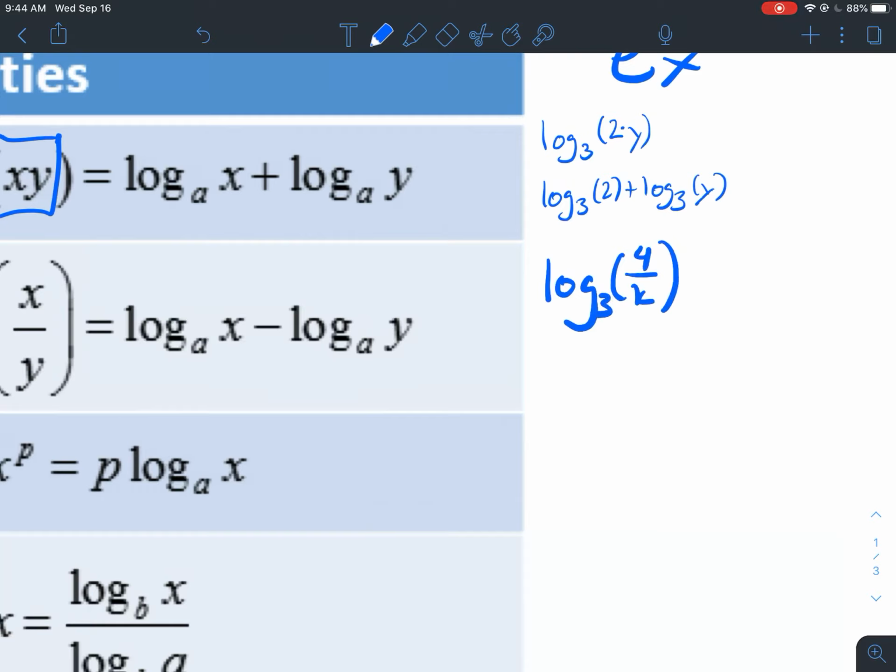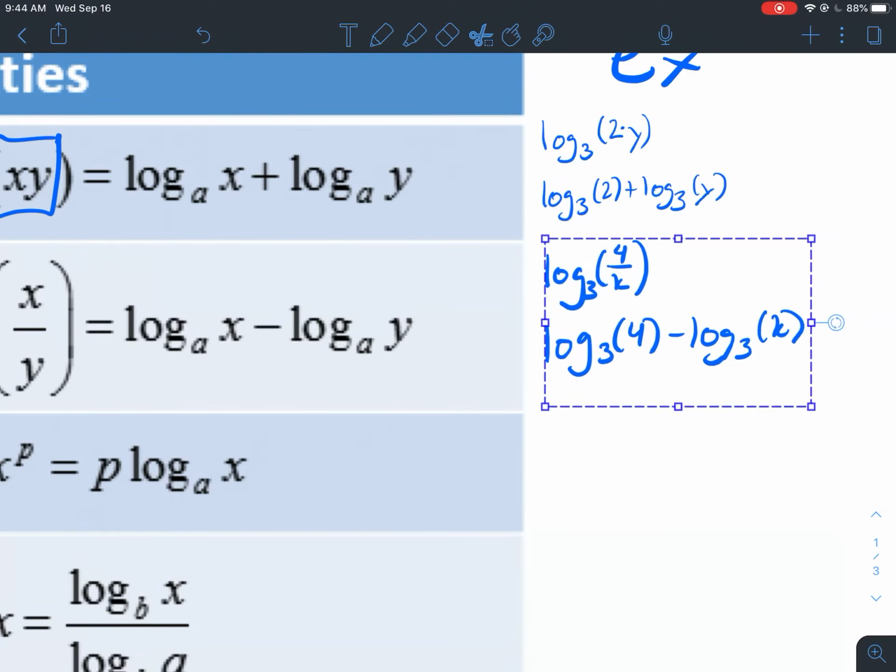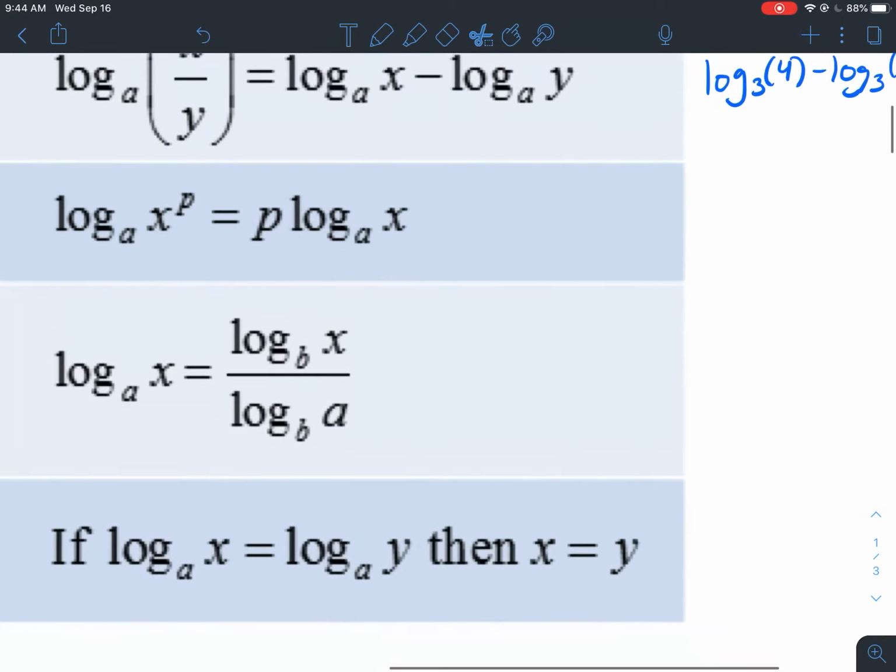All right, so we could split this up using subtraction. So we get log base 3 of 4 minus log base 3 of k. So that is one way we can use this property.